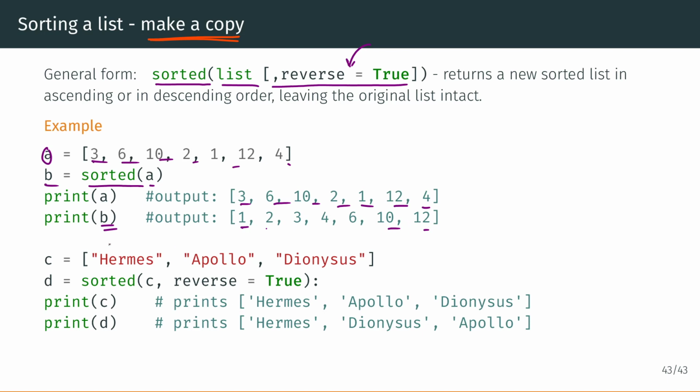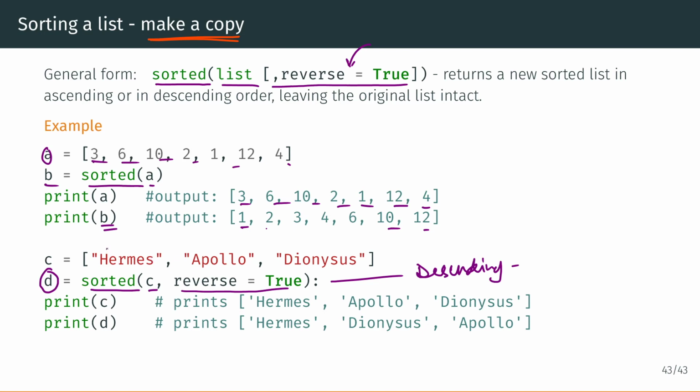Similarly for strings, you have a list of Greek gods, and you create a new list D from the unordered list C. You say D equals sorted(C, reverse=True), which means sort in descending order, largest to smallest. So what is the largest here?